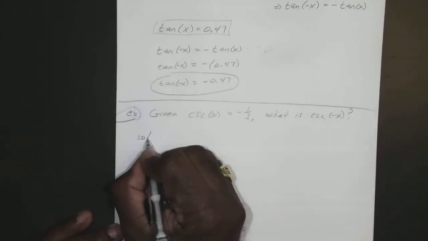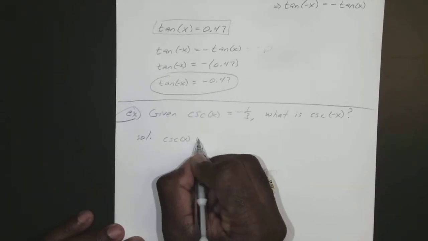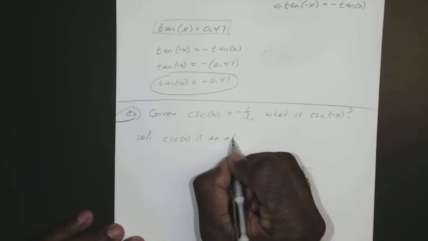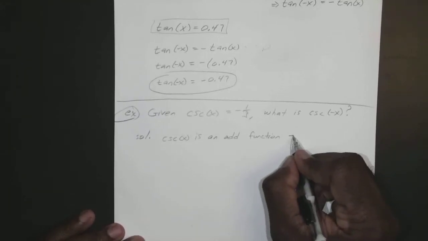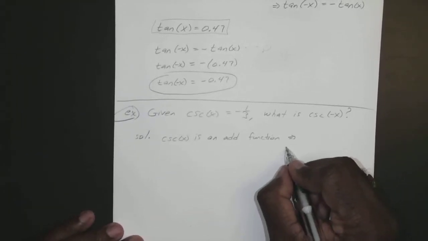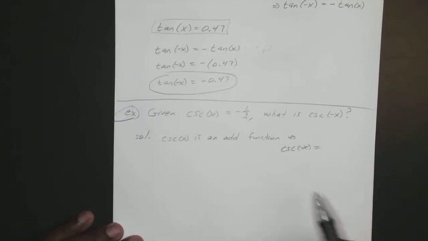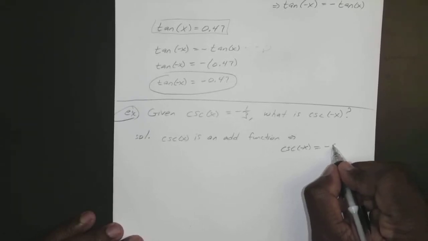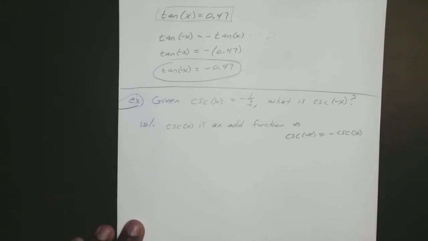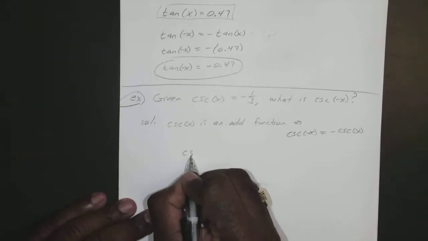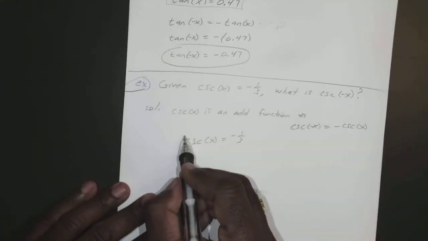Right, so for this one, we know that cosecant of x is an odd function. Which means that, I'll write it underneath and run out of room, cosecant of negative x, since it's odd, that negative just goes out to the front, equals negative cosecant of x. Okay, so we know that cosecant of x is negative 1/3. That's given to us.